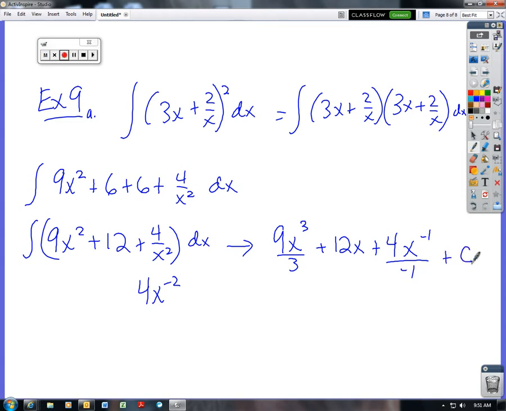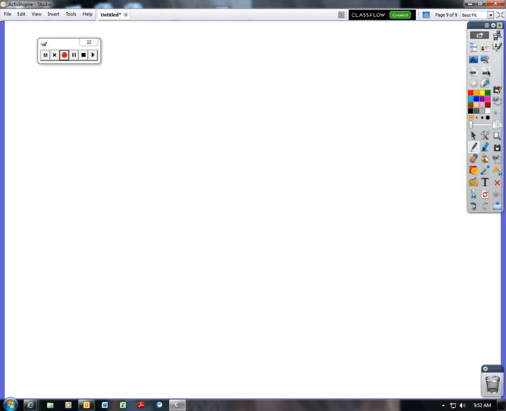So you do want to go back and simplify a little bit. This is going to be 3x cubed plus 12x minus 4 over x is a nice way to write that, plus c. And let's see, there isn't also a part B on this example, so that concludes that one. And then we'll do example 9, part B.